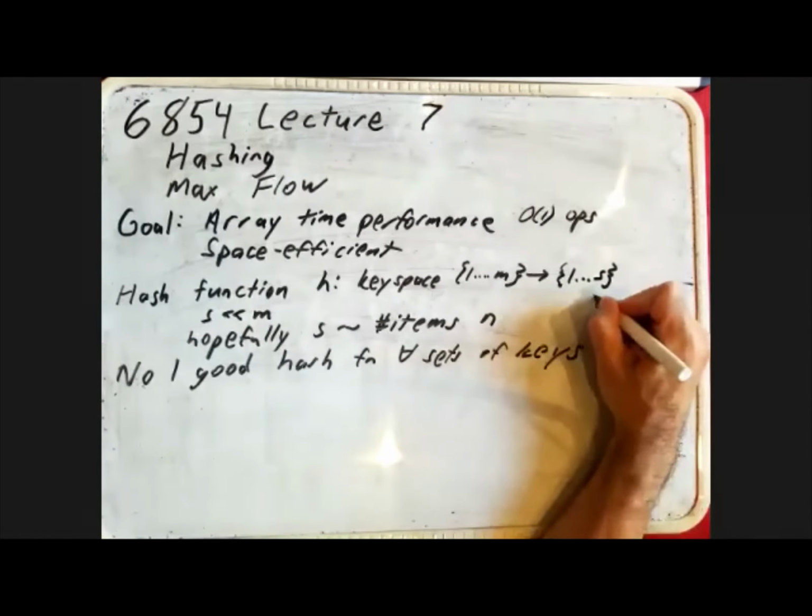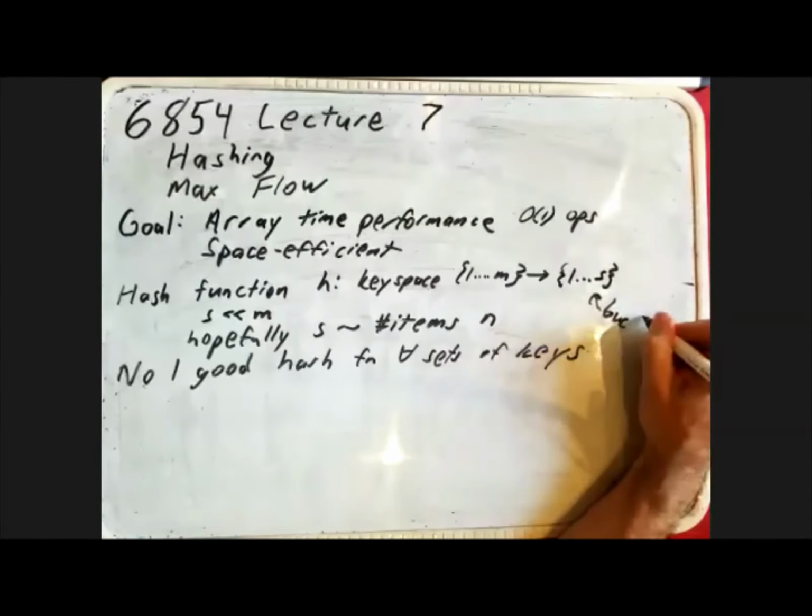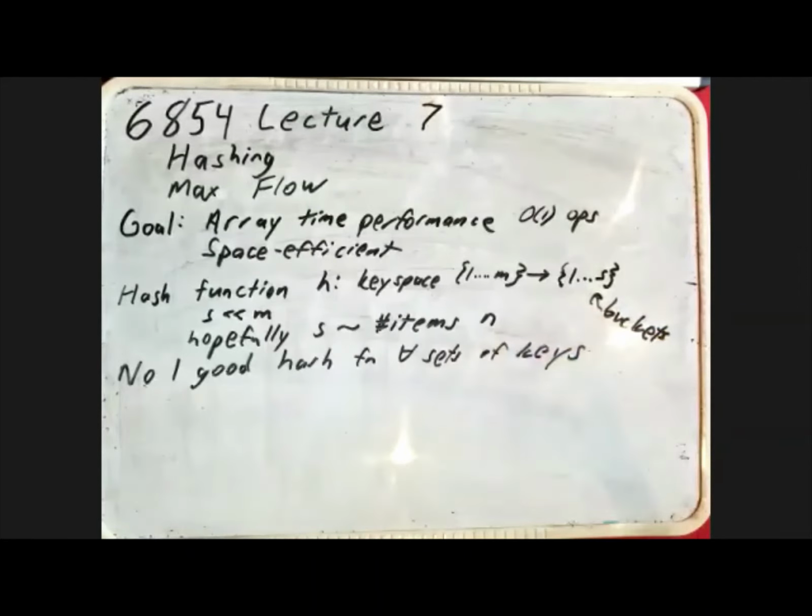We'll call these buckets. And we can store all those keys in the bucket by just throwing in a linked list, which is only going to cost us an additional n space. However, the lookup time, or insert time or whatever, is now going to be proportional to the size of the bucket. And we're going to lose the order 1 performance that we want.